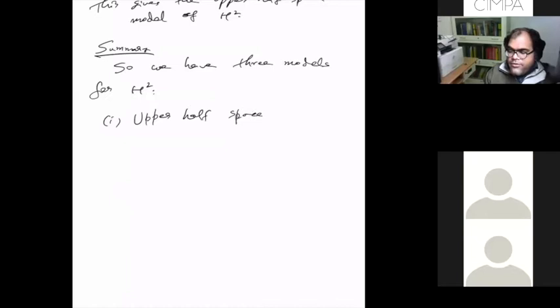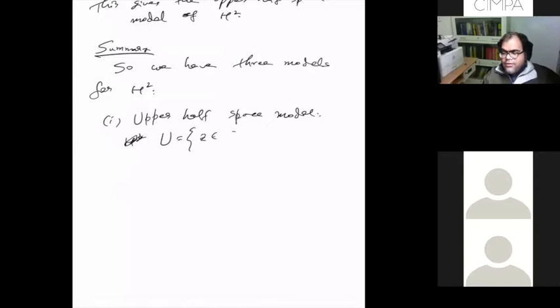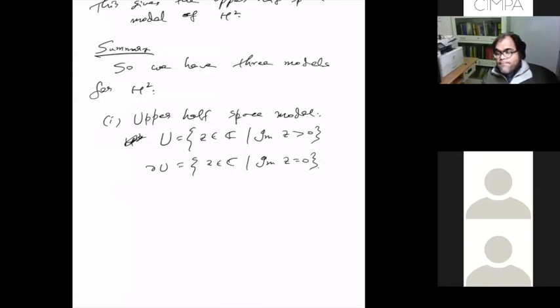Upper half space model, that is given by, I call it U, z in C with imaginary z greater than 0, and del U. In the boundary, we need to add this infinity point. Yes, of course. And what is the metric?